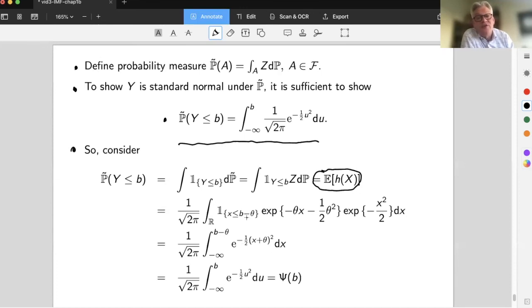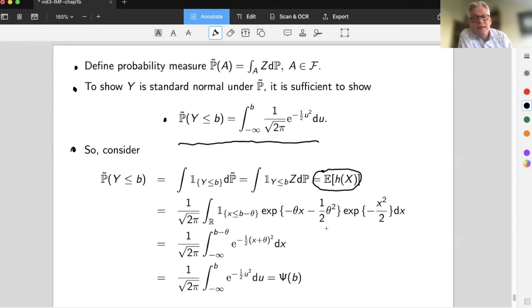We do a change of variables. So Y is X plus theta. It's not even a change of variables. Y is X plus theta. Times the Z, e to the power minus theta x minus 1/2 theta squared, times dP, e to the power minus 1/2 x squared dx.